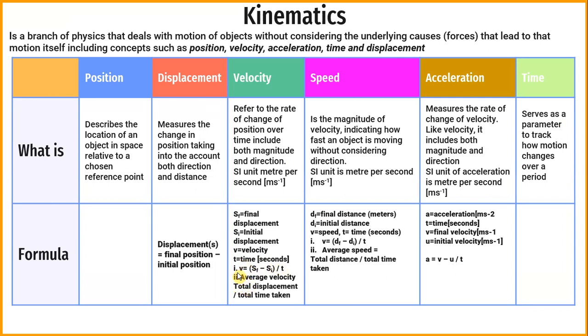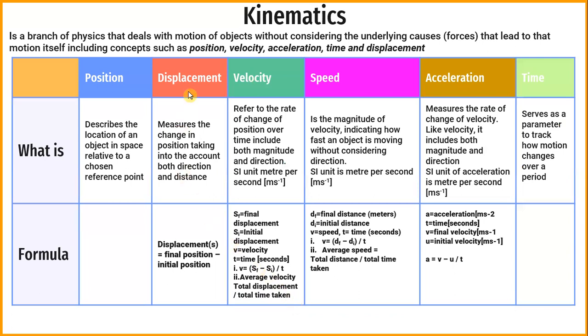The formula for V, which is velocity, is equal to final displacement minus initial displacement divided by time. And the average velocity is total displacement divided by total time taken.